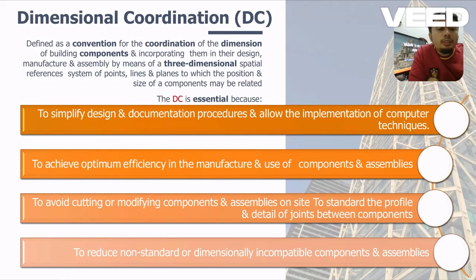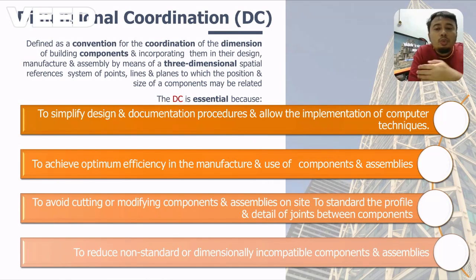So why is this important? DC is important because it simplifies design and also simplifies the documentation procedure. The design and the documentation of the design will be a lot simpler as there is a repetition between the components during designing.